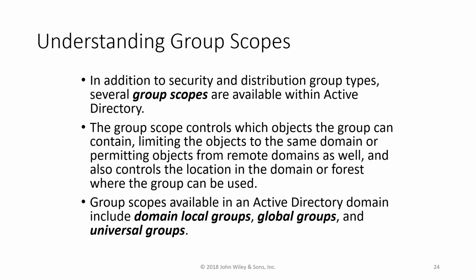And then the universal group goes beyond your forest. A universal group can be a member of other groups in a different forest. So if you have a different organization and you have established a trust relationship with that organization, you can allow your universal group to be a member of a different organization, a different forest.